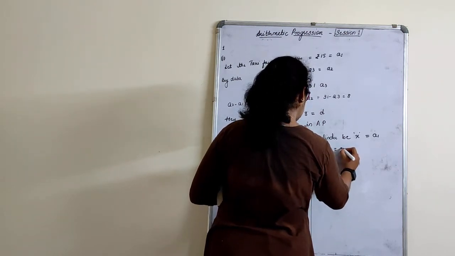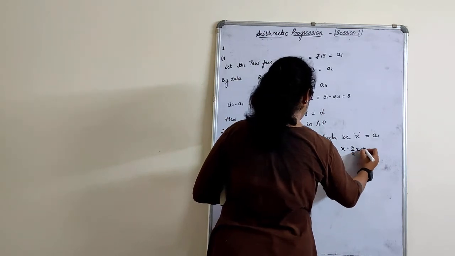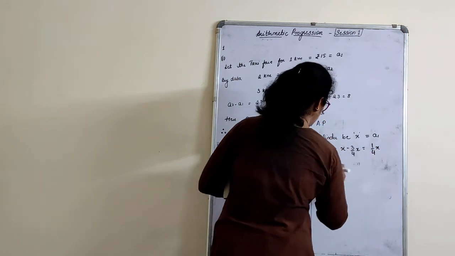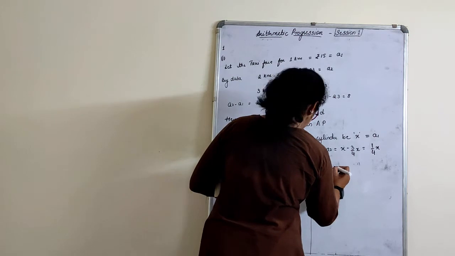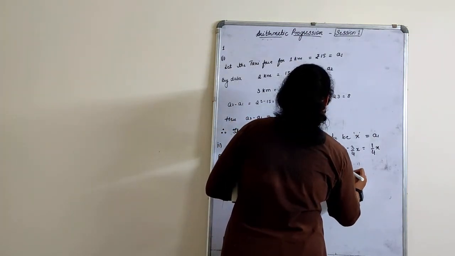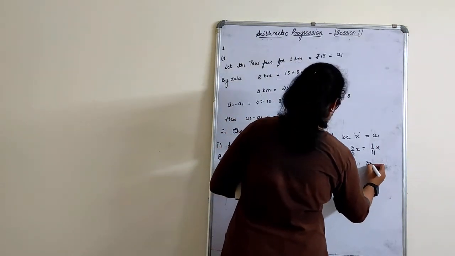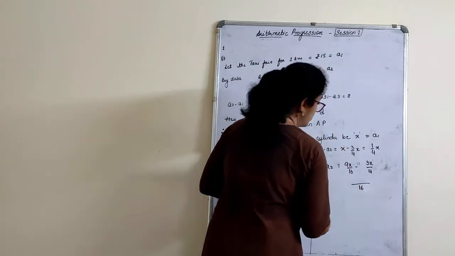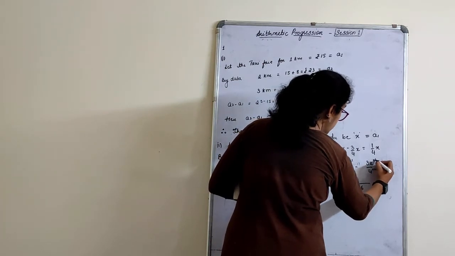A1 is x. A2 is what? 3/4 of x. The answer is 1 minus 3/4, which is 1/4. Next, A3 minus A2. A3 is how much, children? 9x by 16. A2 is how much? 3x by 4. Check. So 16 and 4, LCM 16 into 1. 4 4s are 16, so into 4.